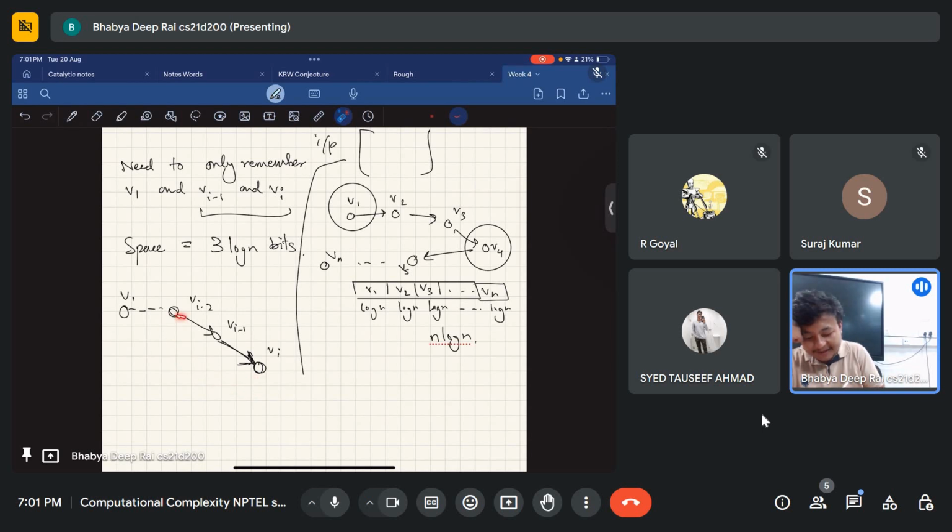Shouldn't we compare whether vi minus 2 has an edge from here? But I say I don't care about that. I am fine with it. Why? Because let's say I guessed an edge from here.